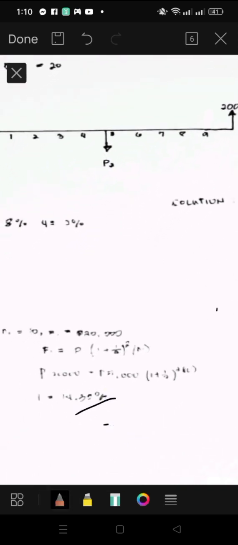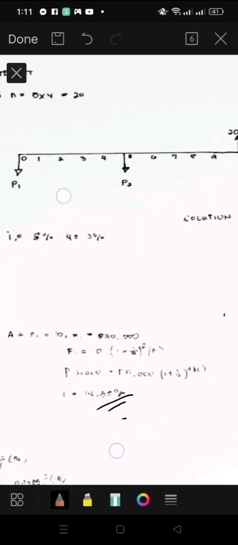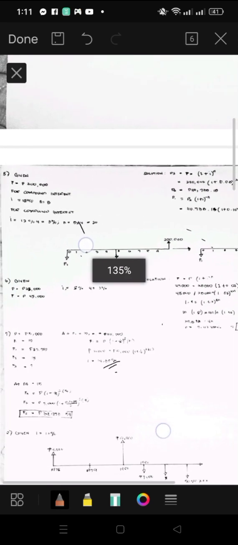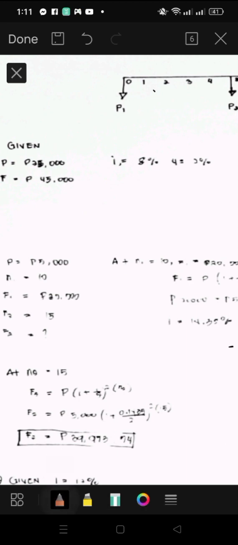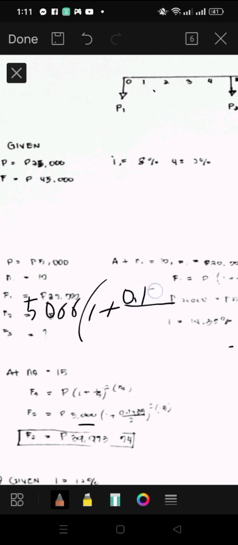So n is equal to 15, then F2 is equal to P times quantity of 1 plus i over 2. So there is 5,000 times quantity of 1 plus 0.1435 over 2, raised to the power of 2 times 15.